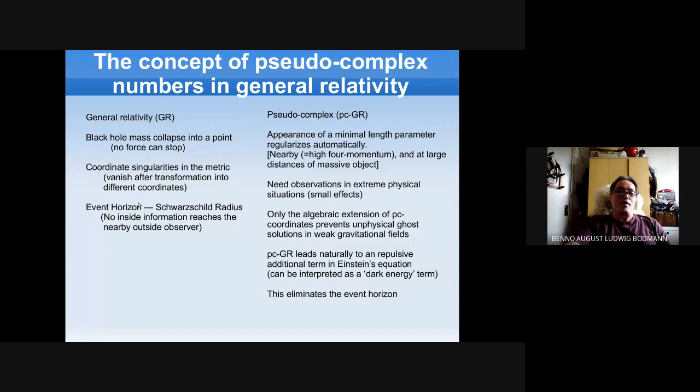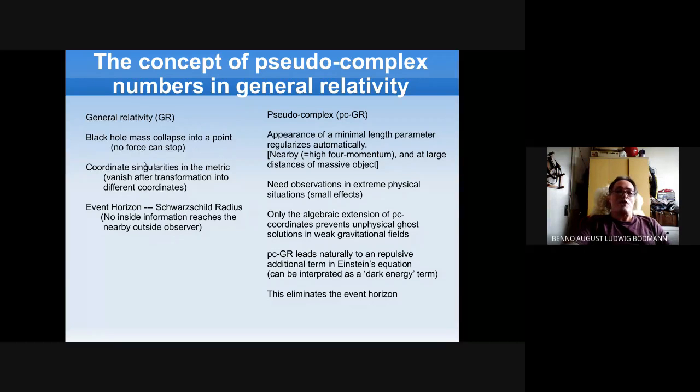So the event horizon emerges, and this is characterized by the Schwarzschild radius. No information inside the black hole can reach an observer which is outside the event horizon.